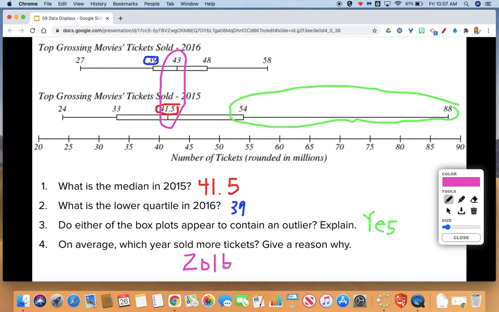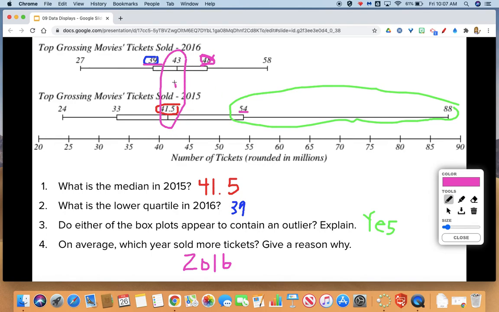Now you can also use the upper and lower quartiles to help support your argument. So you could say 2016 because it has a higher median, and I also noticed the lower quartile is larger. So you can use those upper and lower quartiles to support. Now the upper quartile won't really support because 2015 has a higher upper quartile.